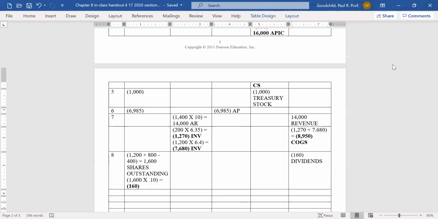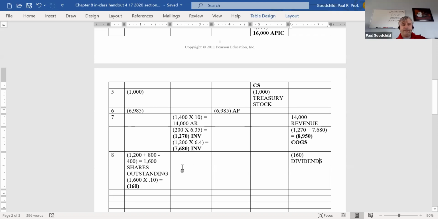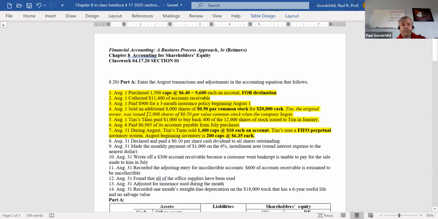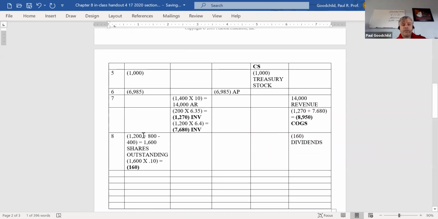Where did you get the 1,200? Is that just the beginning shares that they had? Correct. 1,200 was the beginning shares. Oh, I'm sorry, should have been 12,000. I misread that. Good catch. So it should be 12,000, 8,000, and then 400.